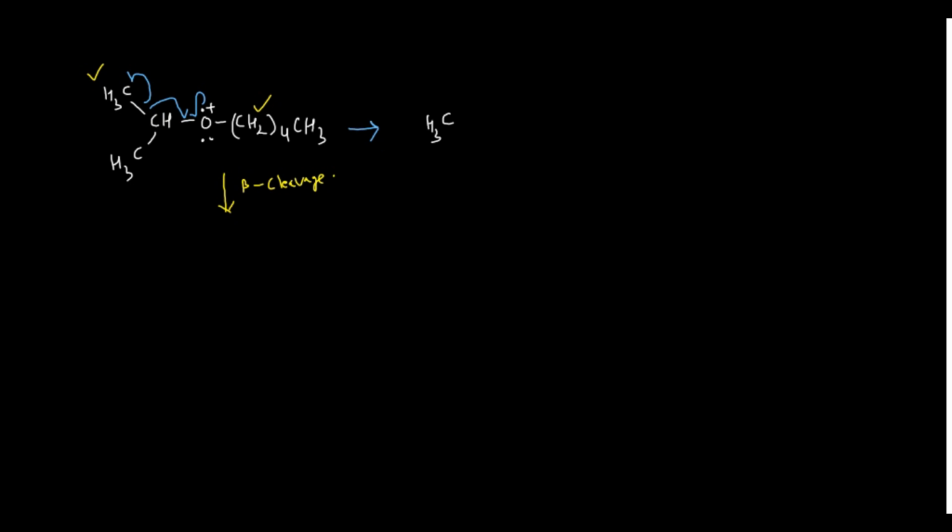CH3 and then the CH, okay, and then you are having a double bond here, and then the oxygen with one lone pair and a positive charge, and then CH2 times 4 and CH3, right? This fragment I am getting here, okay? And of course here the CH3 methyl free radical will be knocked out.